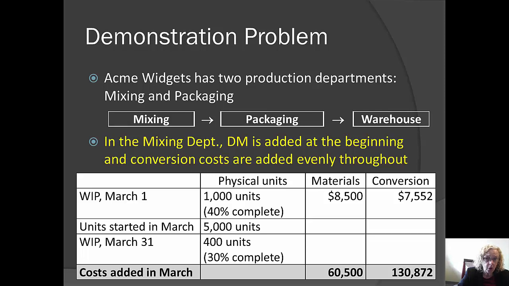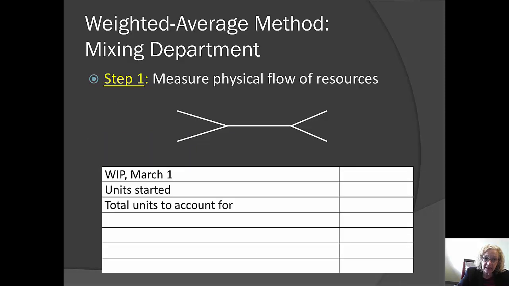In addition, we're also told the dollar value of all of the material costs and all of the conversion costs that are added during the period. Now let's see how we can understand what it cost us to do various things during the period.